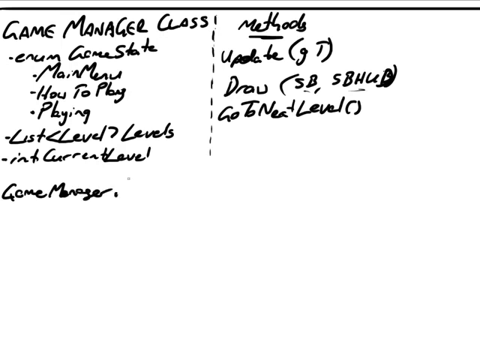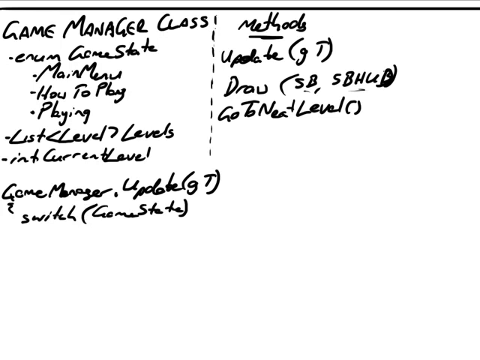GameManager.Update, which is taking in game time. What it does is it checks a switch statement, and it bases itself off game state. And it checks, okay, what am I? Case, am I on the main menu?